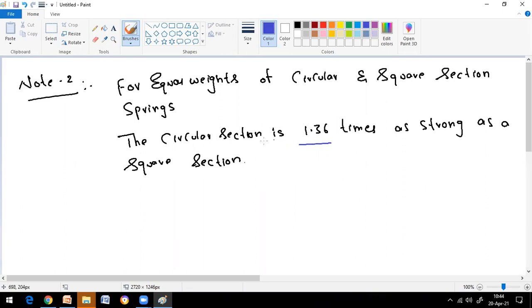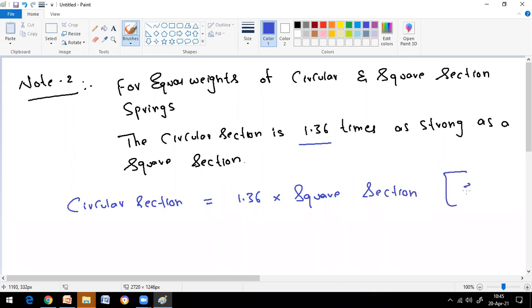Right. So these two statements are very, very important. So here you can write it clearly as circular section is equal to 1.36 times of square section with respect to what? With respect to strength.